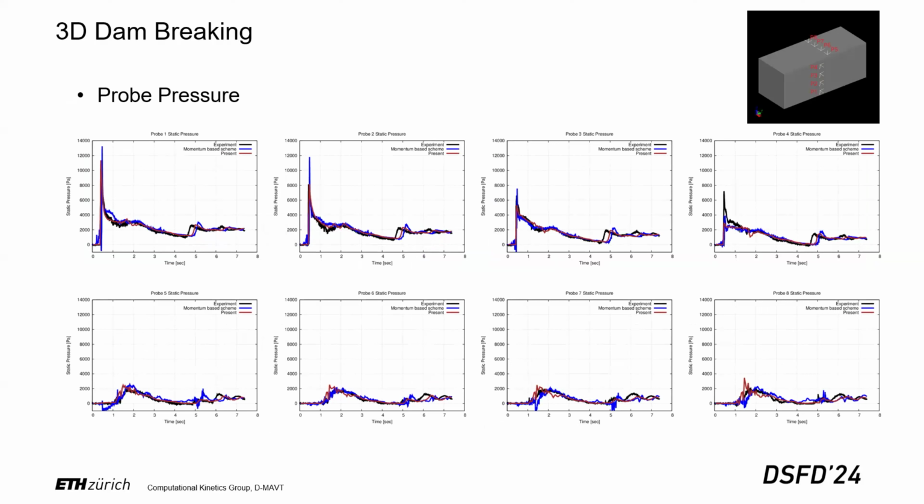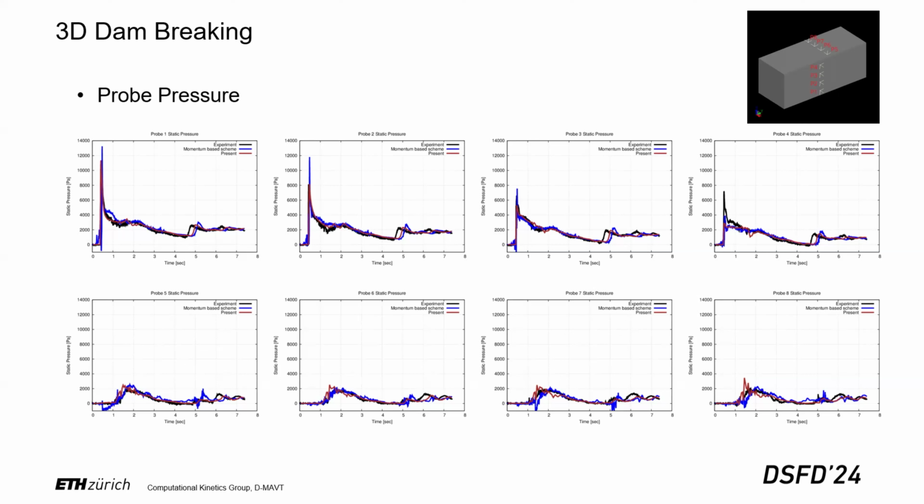So this is a pressure probe result. We have a pressure probe in the obstacle here. The black one is the experimental result, the red one is the present result, and the blue one is the previous momentum scheme result.